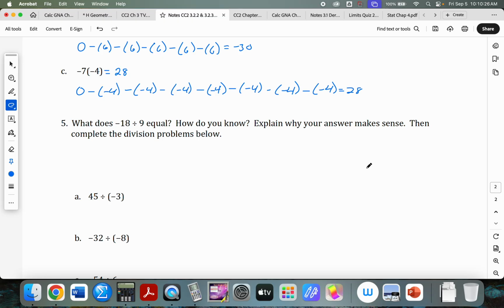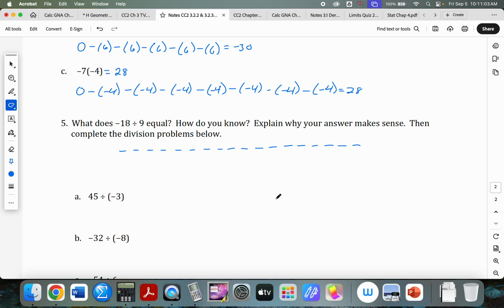So, what is negative 18 divided by 9? Well, remember what division really means. It means divide the original number up into that many groups. So if I had negative 18, 1, 2, 3, 4, 5, 6, 7, 8, 9, 10, 11, 12, 13, 14, 15, 16, 17, 18. And I'm supposed to divide it into 9 equal groups.